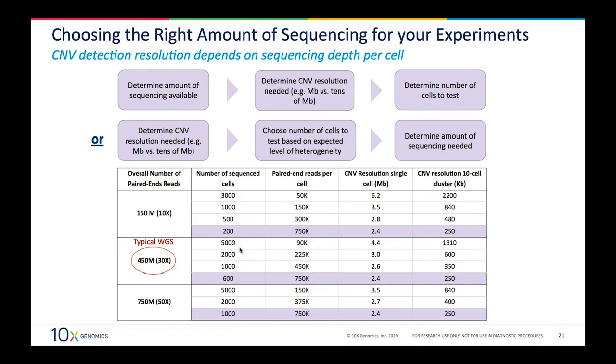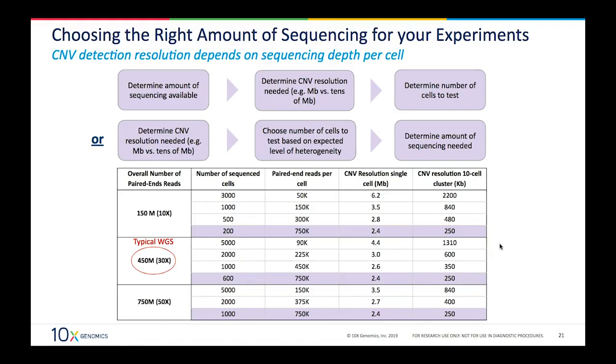And what's important to know is that as you start identifying copy number variations at the single cell level, you start trying to cluster them because you want to put clones in the same cluster and start looking at the copy number variations in there. So the fact that you reduce the depth per cell makes it so that the resolution of the CNV at the cluster level will be slightly lower.